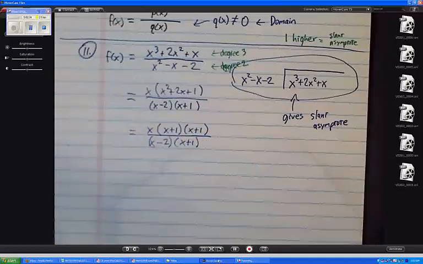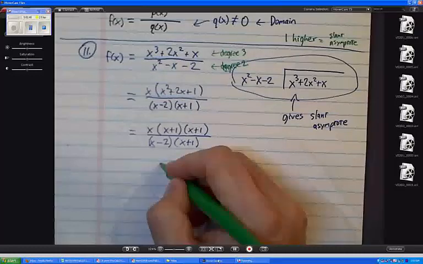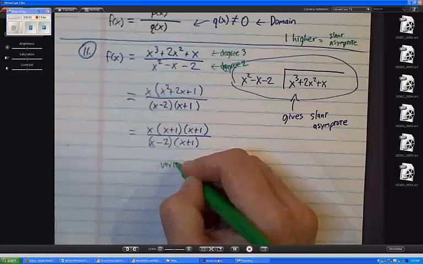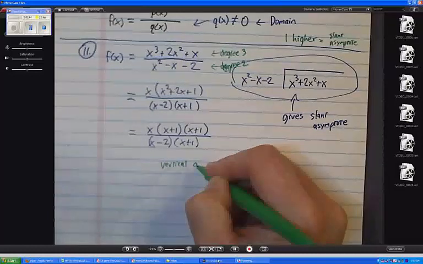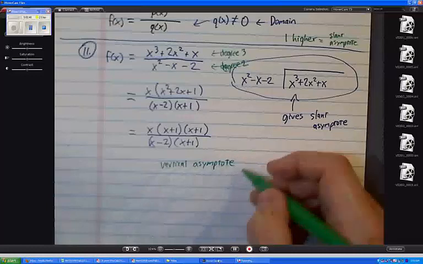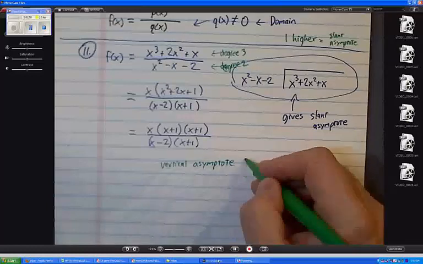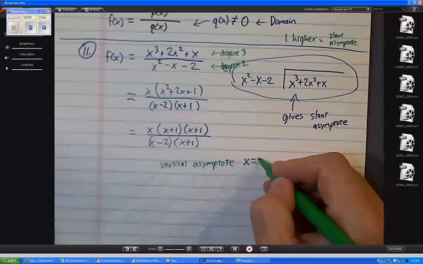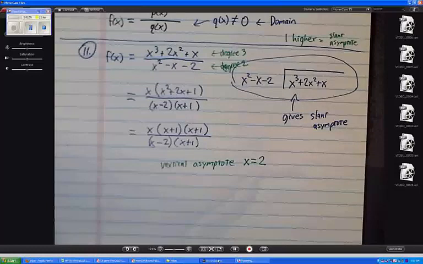Okay? Now, where do I get a vertical asymptote? We're going to get a vertical asymptote at x equals 2. Is that clear to people? Because it makes what 0? The denominator 0.